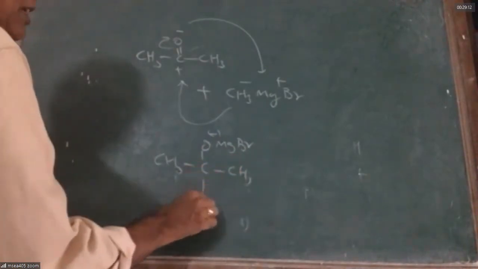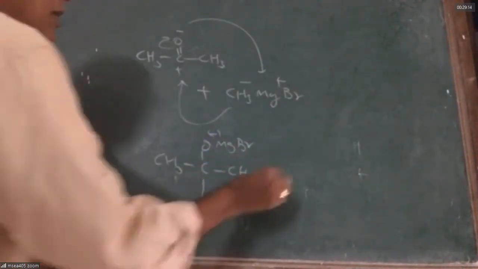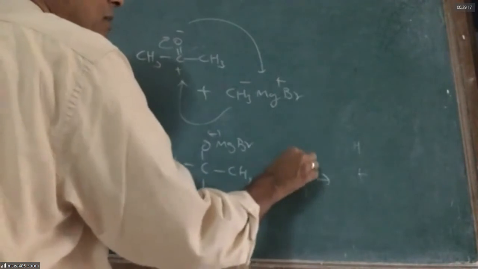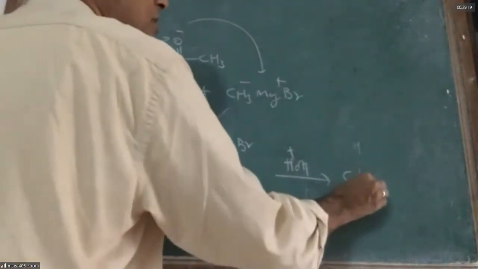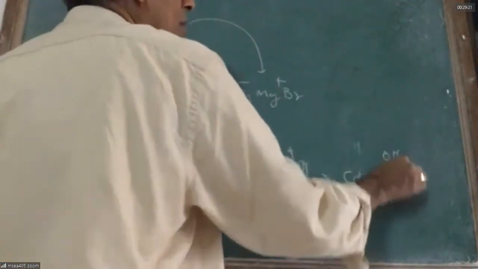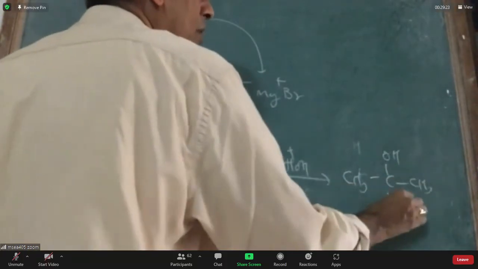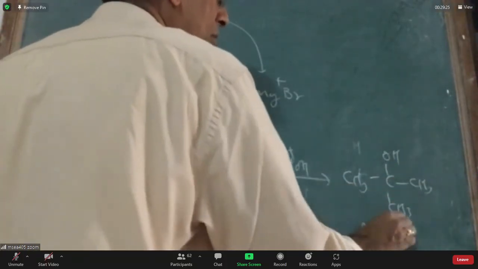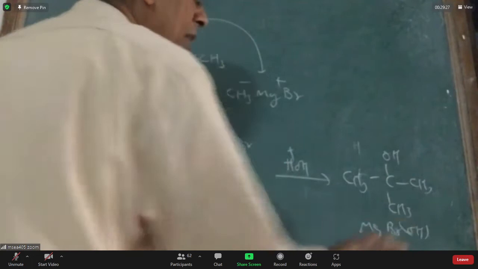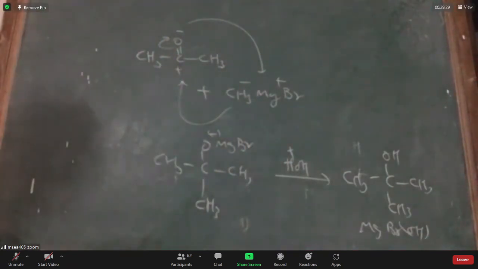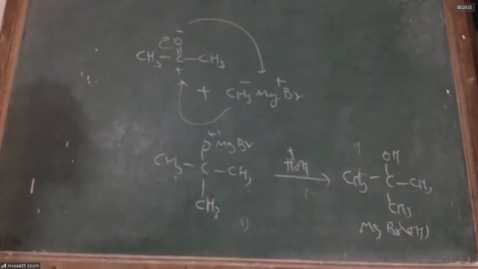New CH3 has come. This is treated with water. Well, your job is done. You got the tertiary butyl alcohol plus MgBrOH, magnesium bromide. So that is the strategy to prepare any kind of alcohol you wish, starting with Grignard. Okay, sir? Yes, sir.